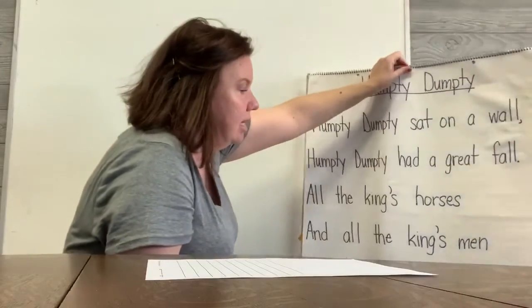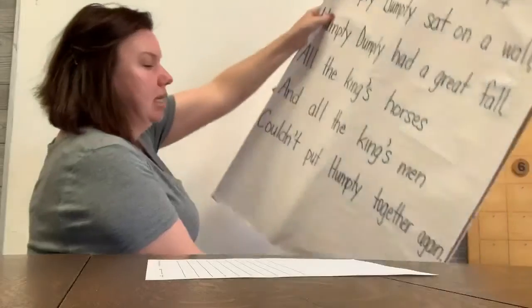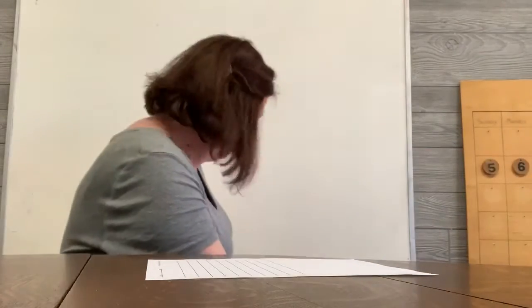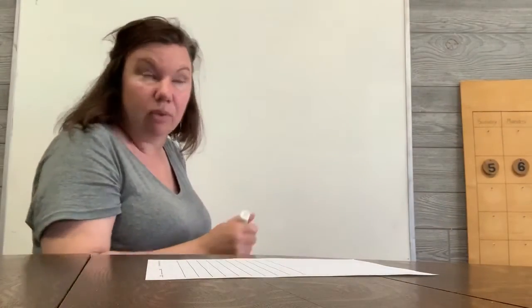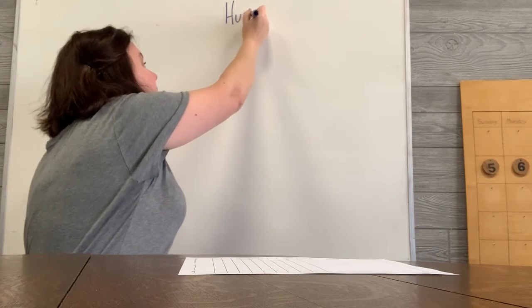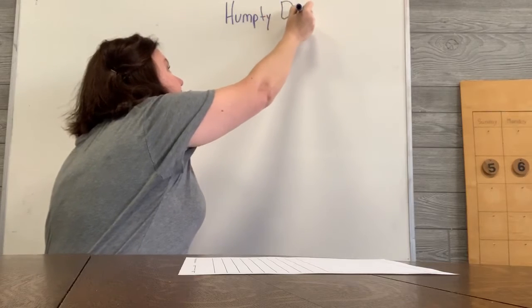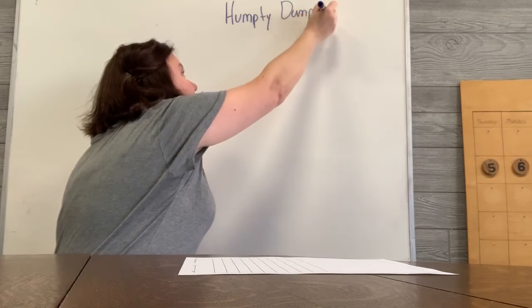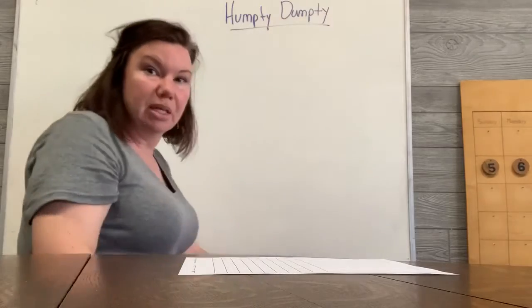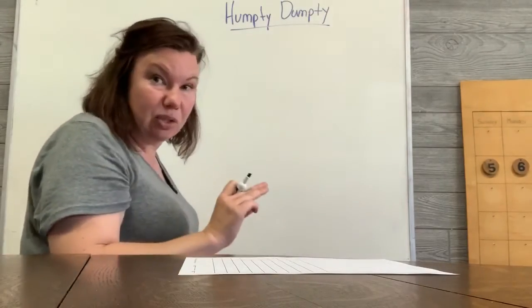So let's see if we can think of an example now, just while we're together. You can't use my example. You have to make up your own. But let's see. We'll title it at the top. We're going to give it the same title, Humpty Dumpty. Okay, so you'll start out like this, Humpty Dumpty. Okay, so we know that we have to use those same first 2 lines.